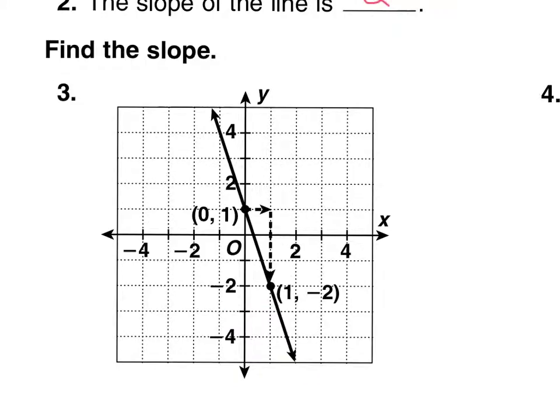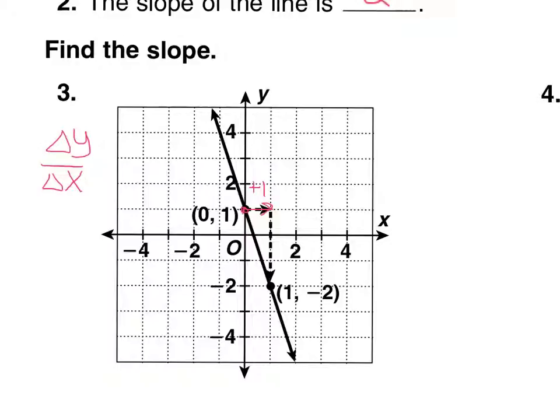Now if we look at example 3, problem 3, we need to find the slope. That's the change in the y value over the change in the x value, rise over run. So you pick any 2 points on the line, and this example already has 2 points marked, and they have us starting at the point (0, 1), and we're going to move 1 unit to the right. That's a +1.